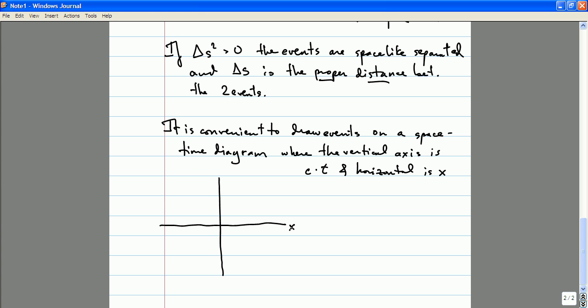So instead of plotting the x and t coordinates of some event, I could plot x and c times the t coordinate of the event. It's a free country, at least last time I checked, and so I can do that if I want to. Now, why is that an intelligent thing to do? Well, with this choice, light rays will travel on 45-degree lines.